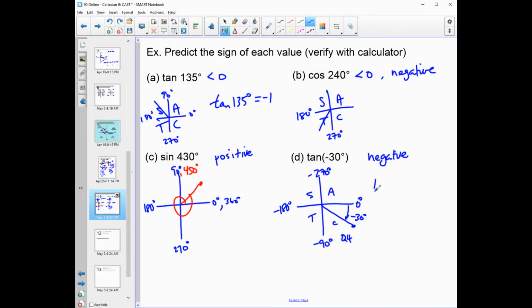It's actually telling us that when we evaluate the tangent of negative 30 degrees, we are going to end up with a negative number. I'm just going to double check that, tan of negative 30 is equal to negative 0.5774. That's approximate.